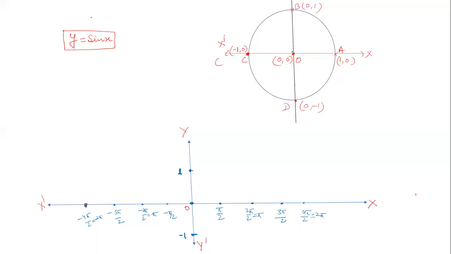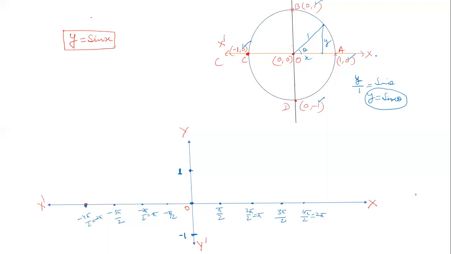Now suppose I take any point over here, and say this is the angle theta, this is x, this is y, this is 1. From this we can see y upon 1 is sin theta, that is, y equals sin theta. It means the y coordinates are the values of sine.